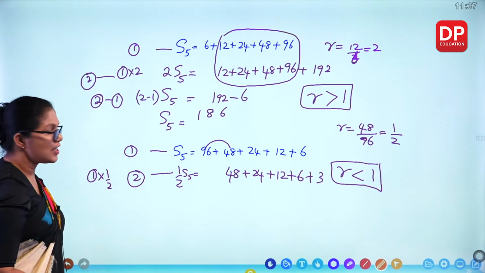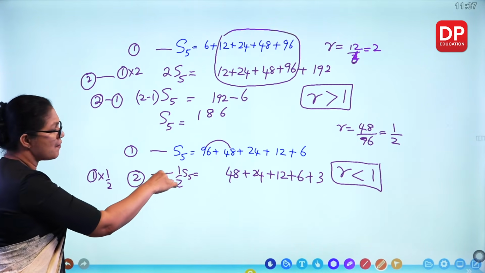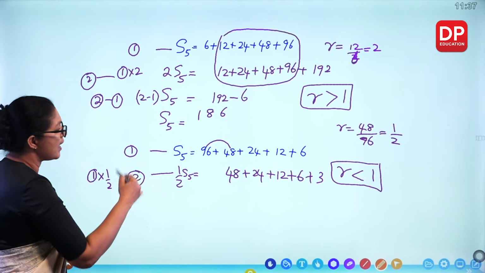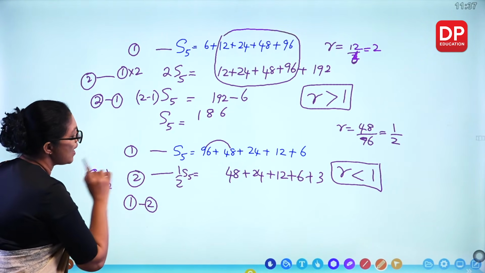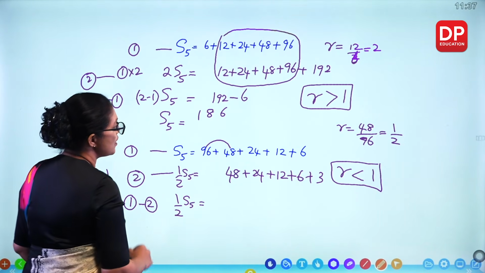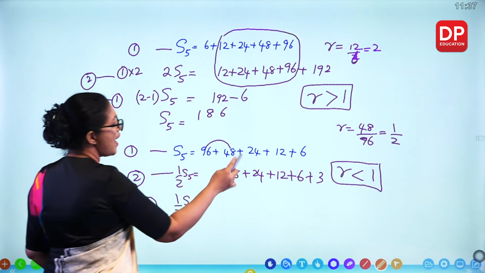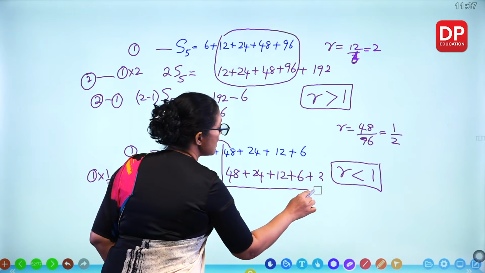Now, which way do I need to subtract? 1 minus 2 or 2 minus 1? Half is smaller than 1, so I can do 1 minus 2 now. 1 minus half gives half. S5 is equal to... when I subtract these two, this whole set gets cancelled out.